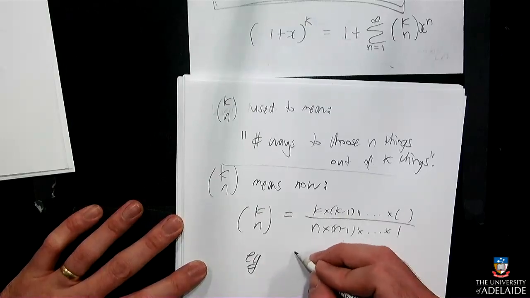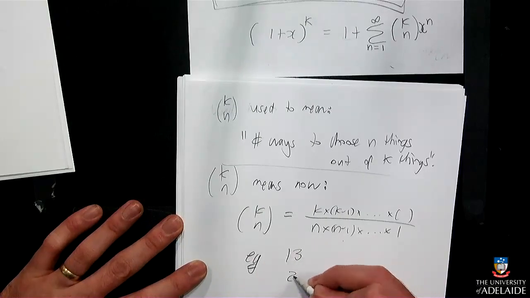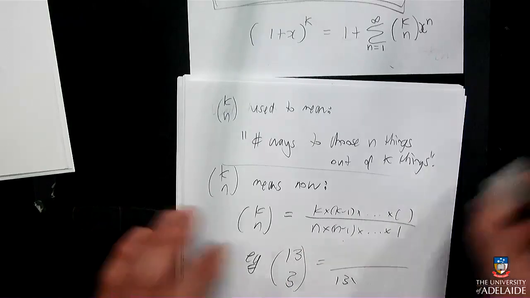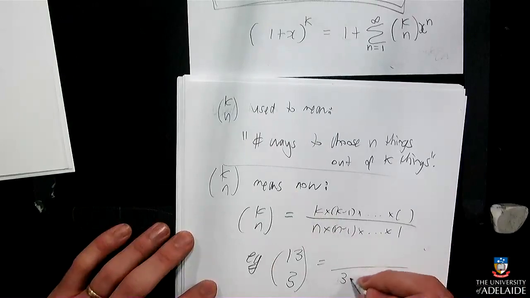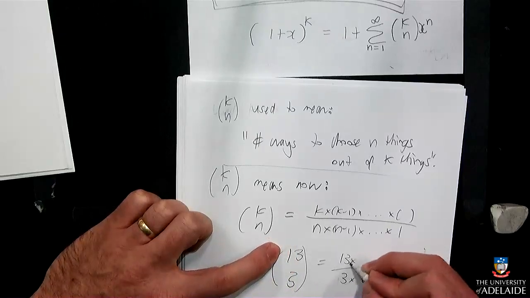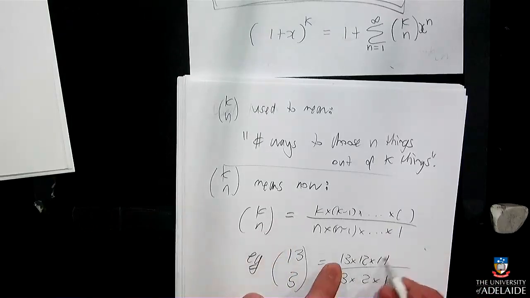So, 13 choose 3. 3 times 2 times 1 on the bottom, that's 3 factorial. And then on the top you have 13 times 12 times 11, and then you stop because there's 3 terms on the top and there were 3 terms on the bottom.